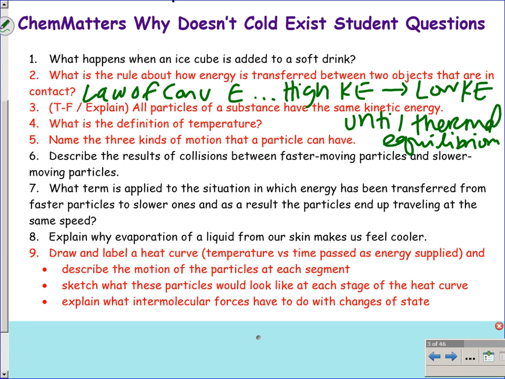So you're holding your ice cold Frosty from Wendy's or something in your hand. Where's the energy being transferred? Yes, from your warm hand to the cold Frosty until when? Okay, so until your hand is so cold, but the ice cream Frosty has warmed up. They're at the same temperature.